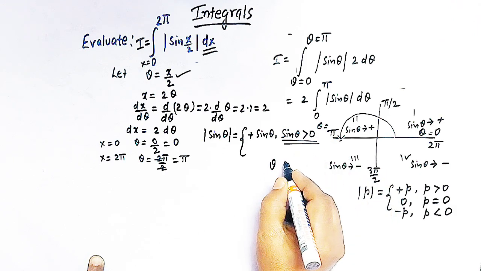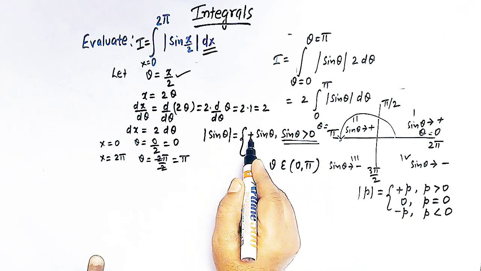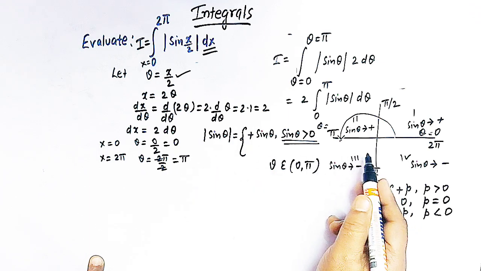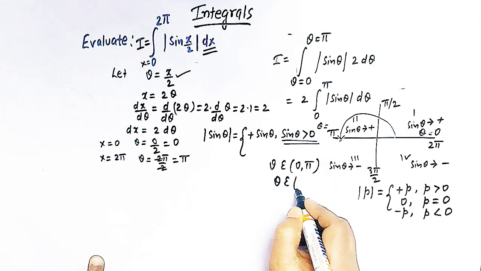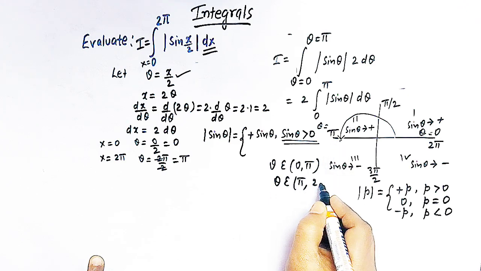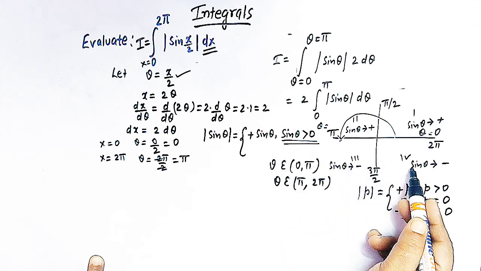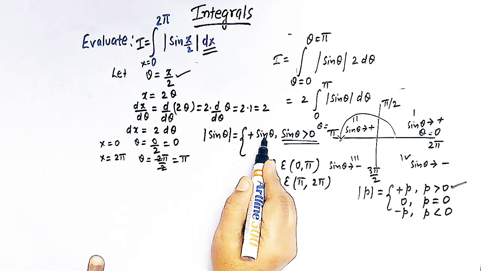So when theta belongs to the interval 0 to pi, then mod of sine theta is positive sine theta. And for other values of theta, that is theta belonging to the interval pi to 2 pi, when theta lies in the third and fourth quadrant, then sine theta is less than 0, that is sine theta is negative. So we'll use only this part of the definition. So mod of sine theta is equal to positive sine theta.